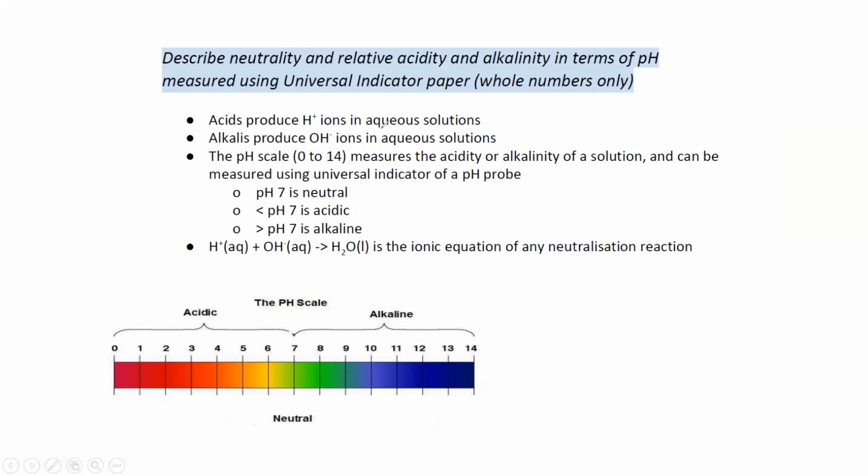So acids are substances which give H plus ions, and bases or alkalis are substances which give OH ions. What is the difference between base and alkali? There are only small differences.